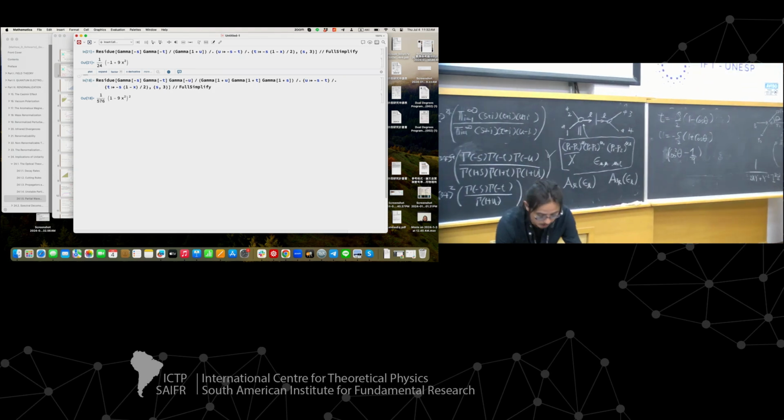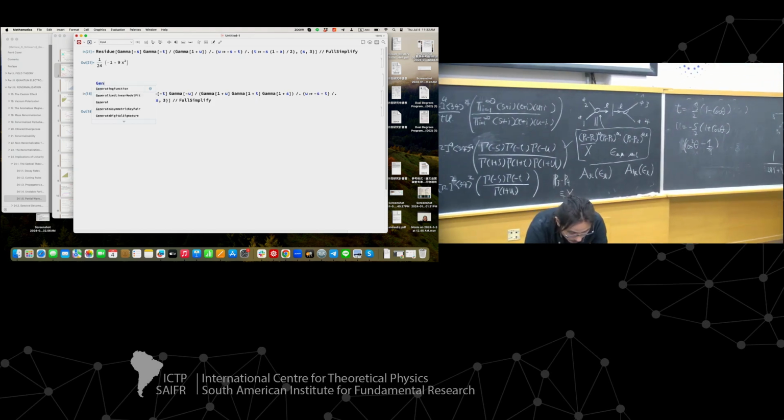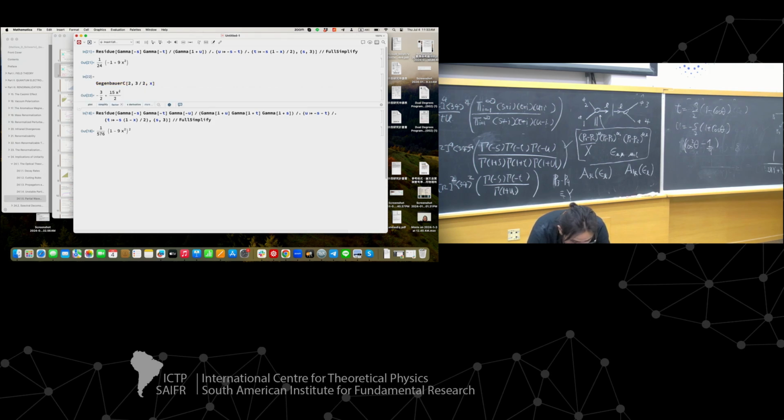So let me just use Mathematica. It's very good. It already encodes the Gegenbauer polynomial. So let me call out my Gegenbauer polynomial, and let me look at its form. If I have a spin 2, the first entry is spin 2. The second entry will be d minus 3 divided by 2. So let's say we go to 6 dimensions. So d minus 3 over 2 will be 3 over 2, and then x. So Mathematica tells me that this function looks like this.